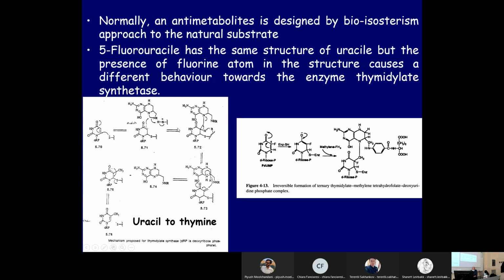In this particular pathway, you can see the exit of a hydrogen like a proton. It is necessary, the exit of this proton, to have this double bond and then to have the addition of a methyl group.